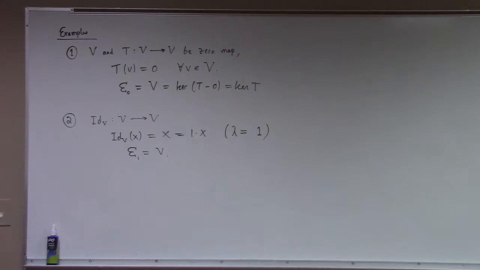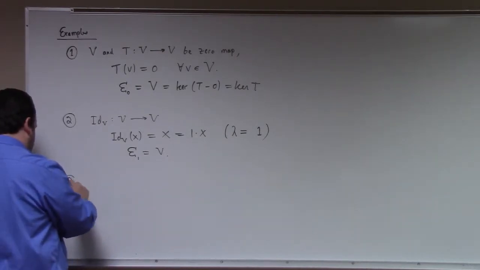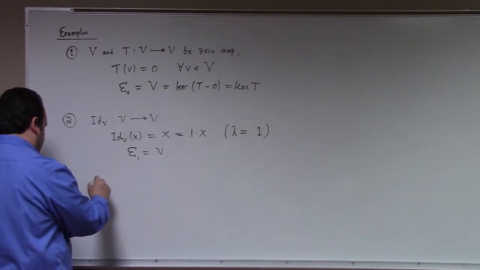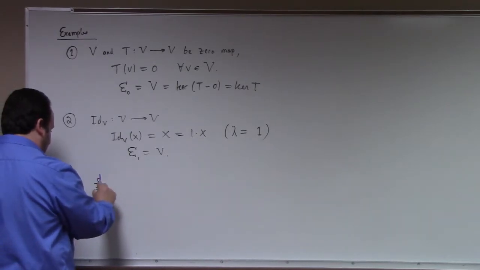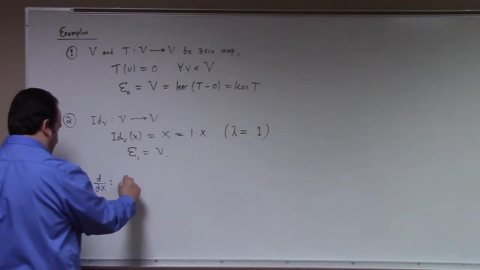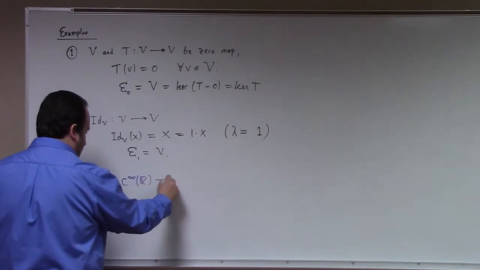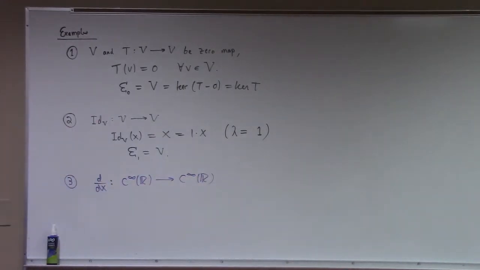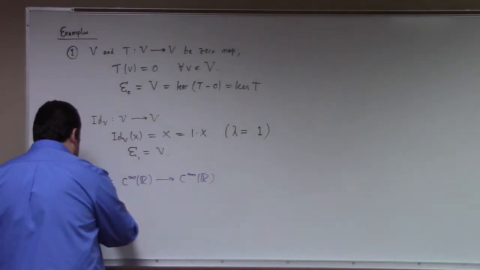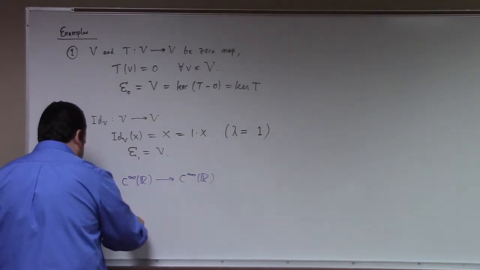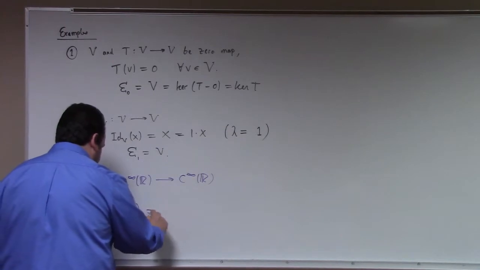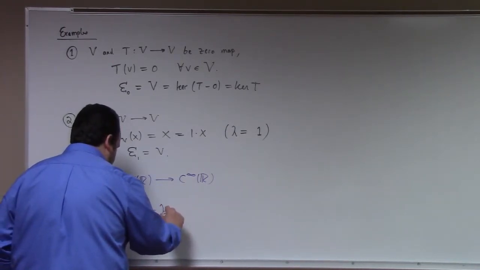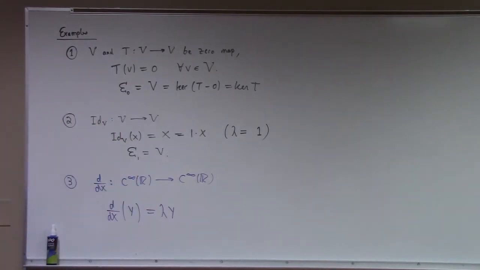Another, well, this isn't really very silly. This is another example, though. Three, we could look at the differentiation map, d/dx, mapping from, let's say, smooth functions on the reals to smooth functions on the reals, right? If you're looking for an eigenvector, which we would in this context call an eigenfunction, you would be looking for d/dx acting on some function y to be equal to lambda times y.